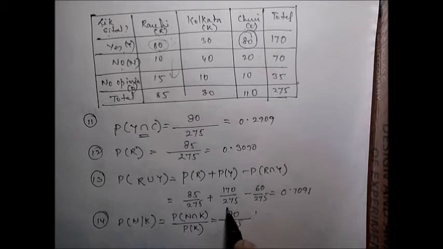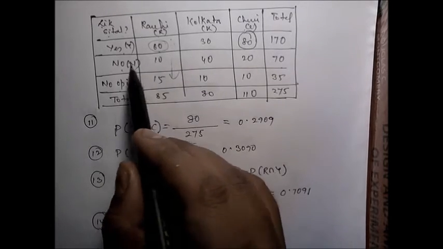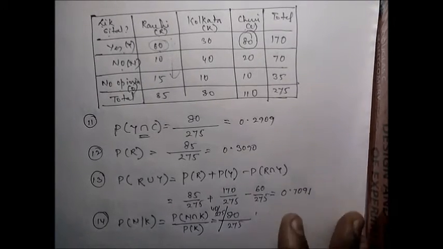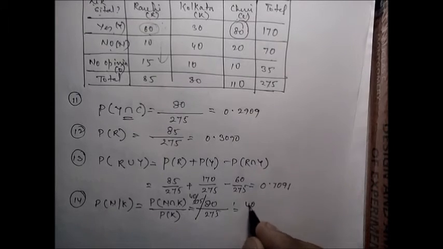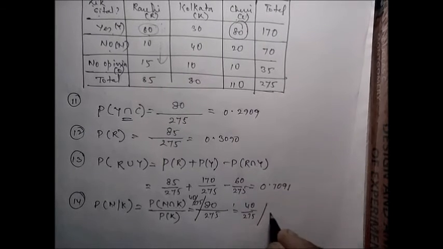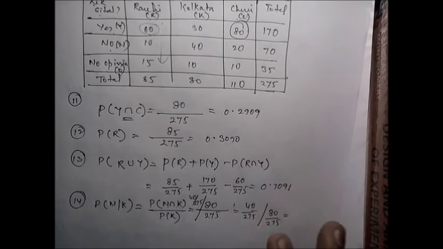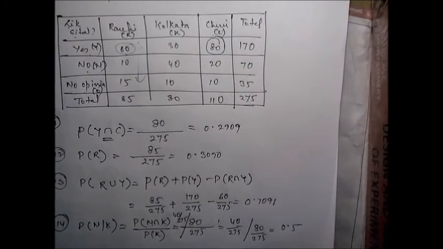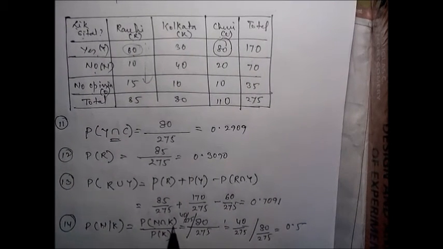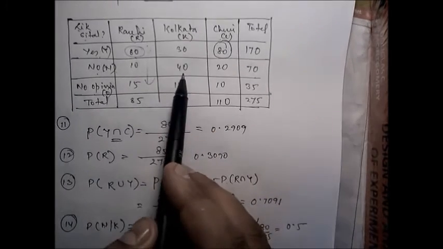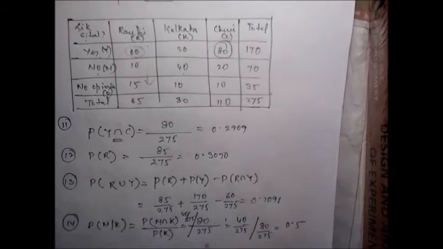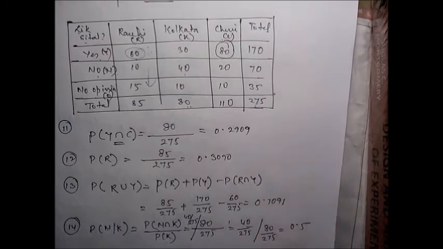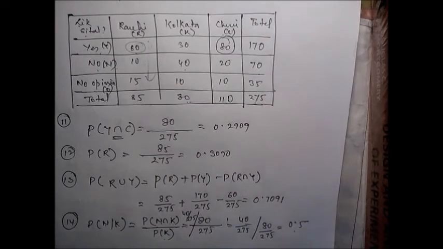N intersection K is 40, so 40 by 275. So we write 40 by 275 divided by 80 by 275, and the answer is 0.5.